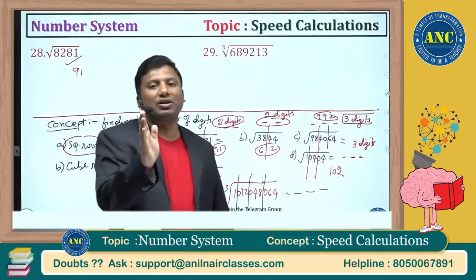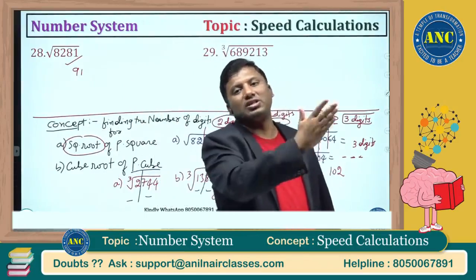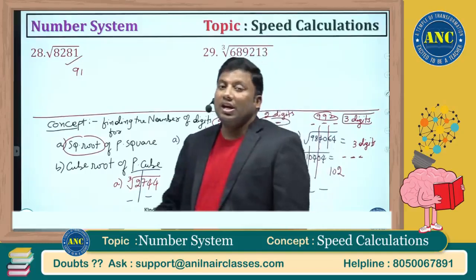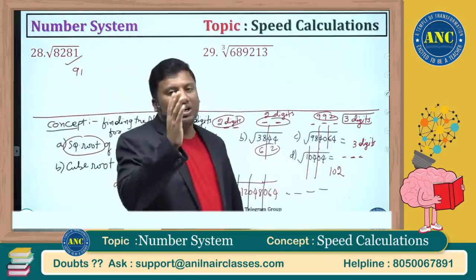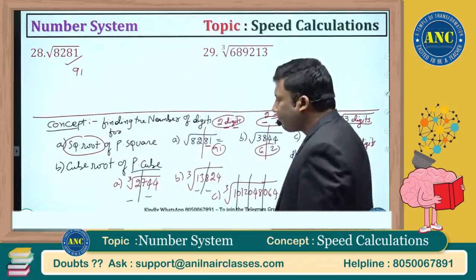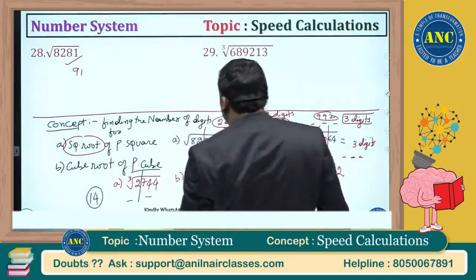If it is a perfect square, start from the rightmost and take a group of 2 digits from right to left. If it is a perfect cube, take a group of 3 digits from right to left. If it is a fourth power, take a group of 4 digits. This is nothing but 14.